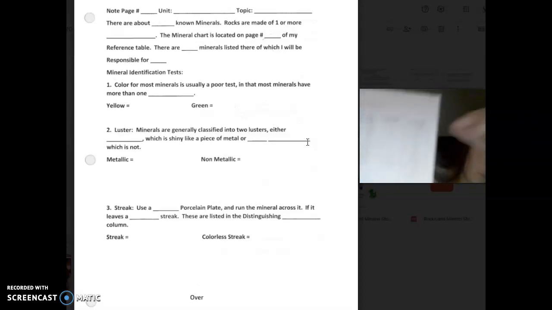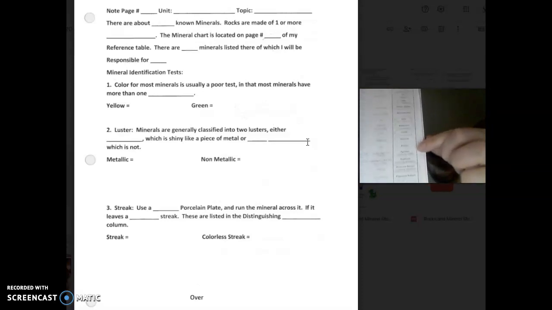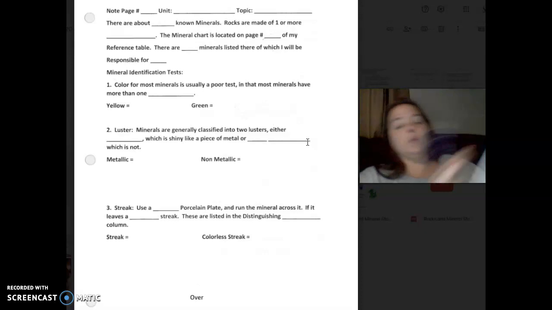So, right here, these two. The next three below this one. Then skip one. Then the next three. Skip quite a few to potassium feldspar. Skip one. And olivine. You'd be left with that.